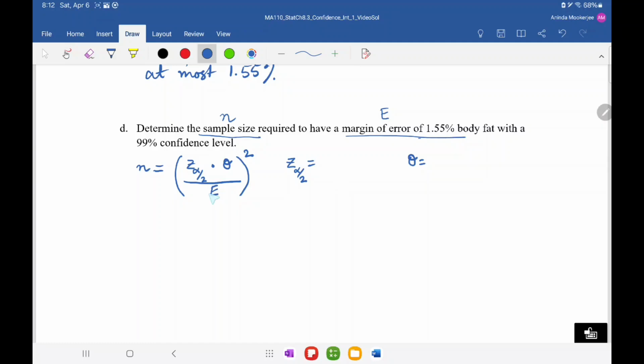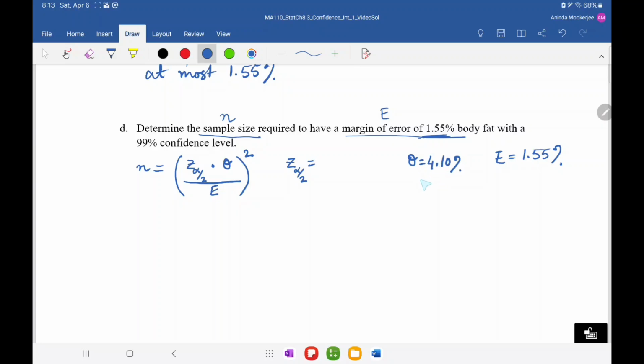And E has been given to us as 1.55%. Now the value of sigma that we had used previously was 4.10%, right? That was the value of sigma given to us.